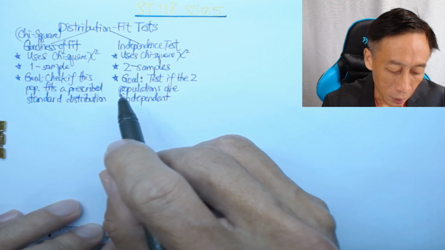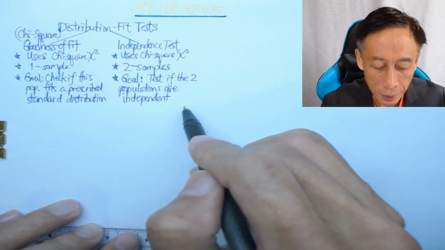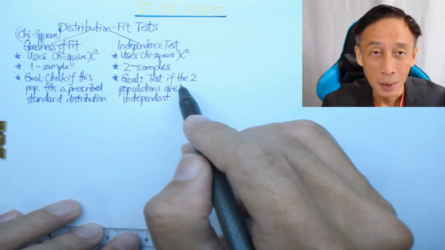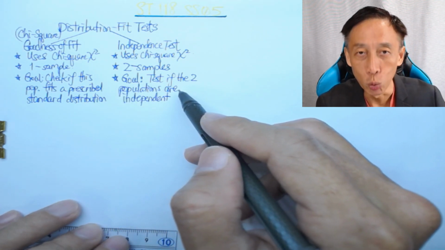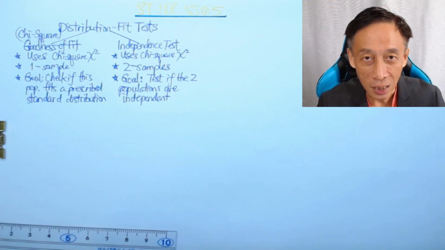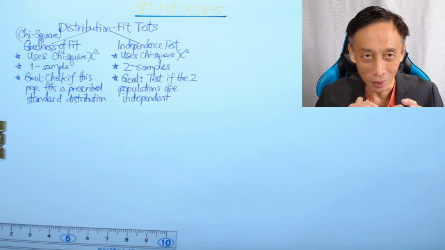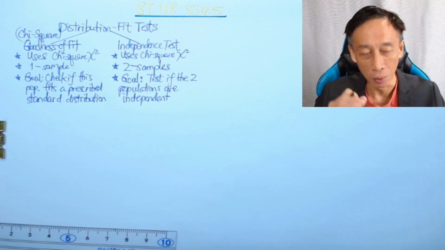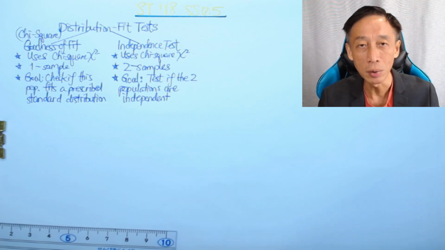Why? Well, they look different the way I put it here, but the way this is done, the independence test is like trying to induce or create an independent distribution. That's the way I look at it. If you look at the calculation steps, they are precisely doing that.